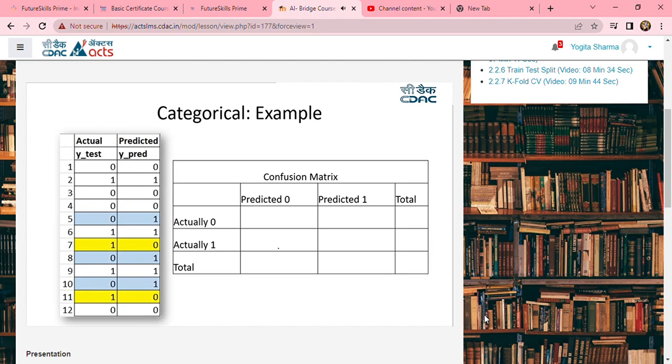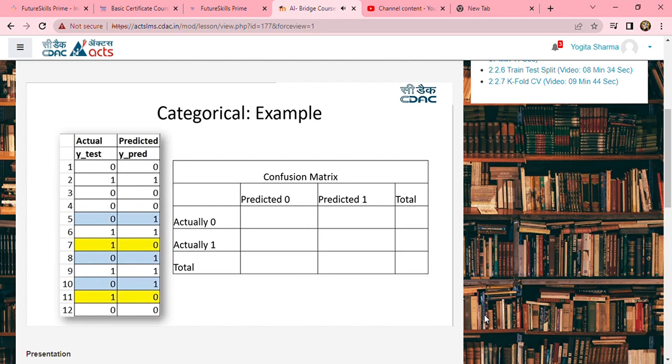Now, this is nothing but a pivot-table-like table which we generate in Microsoft Excel. Here we are going to write the count of all those observations for which y_test was 0 and predicted was also 0. If we count them all, it will be 1, 2, 3, and 4.